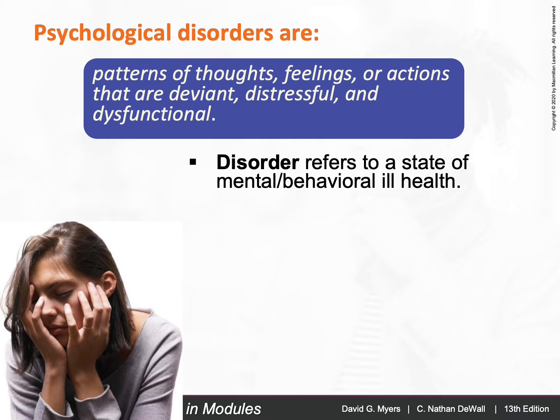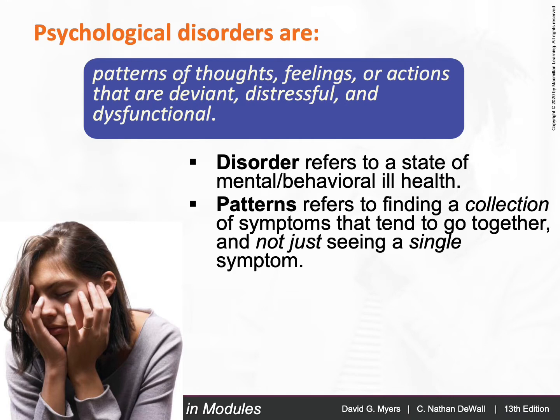So in naming a disorder, we're essentially naming a collection of symptoms that tend to go together, right? So if we were talking about symptoms like low self-esteem, feelings of hopelessness, maybe feelings of wanting to harm oneself, right? We would label that disorder as depression.